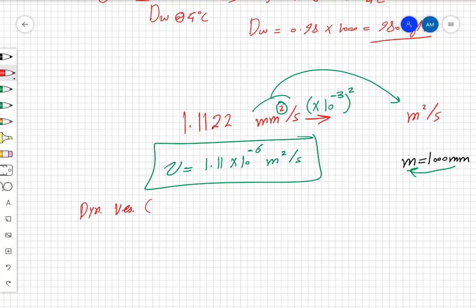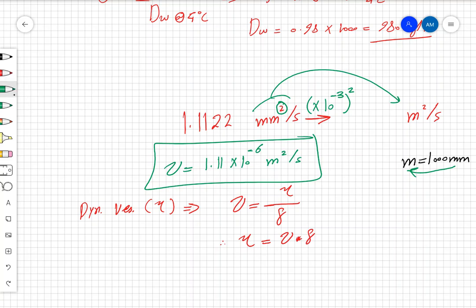So dynamic viscosity, mu, can be calculated using this formula: the kinematic viscosity equals the dynamic viscosity divided by rho. So the dynamic viscosity is the kinematic viscosity multiplied by rho.